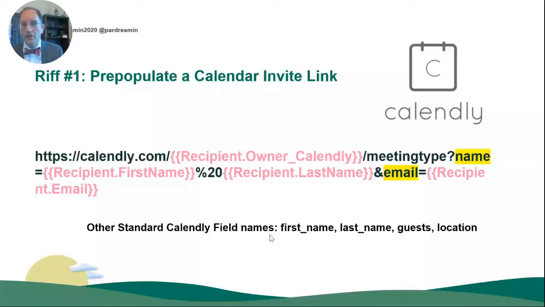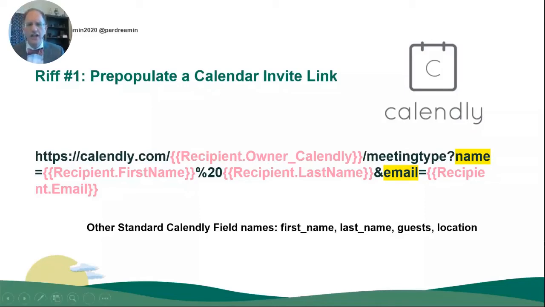What's cool about this, though, is that you could also insert into that URL the recipient owner's Calendly link, so that it could be dynamically generating that URL based on the recipient owner's name, as long as that fits with the Calendly format for how that complete URL is constructed.